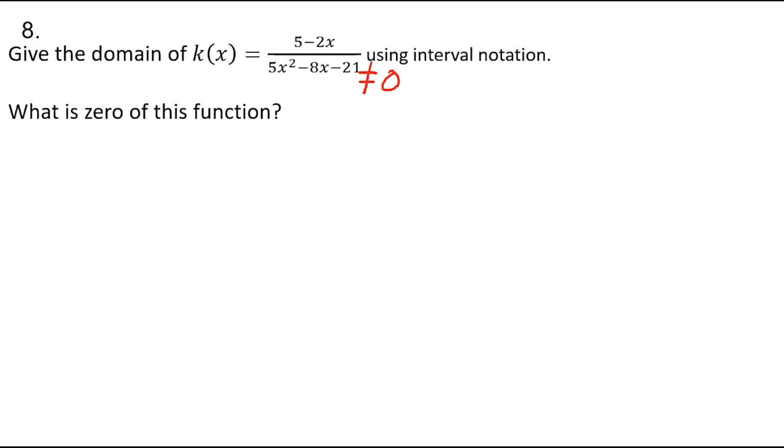So we'll start off by saying 5x squared minus 8x minus 21 equals 0.